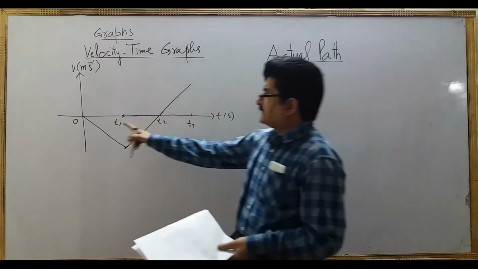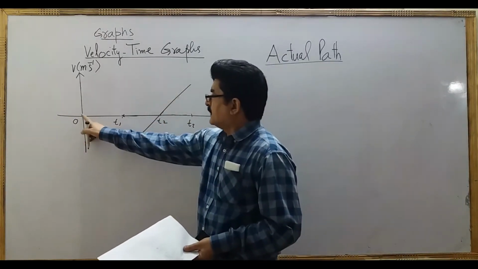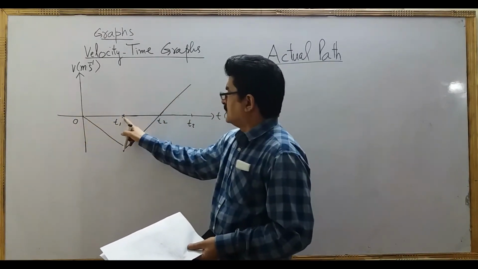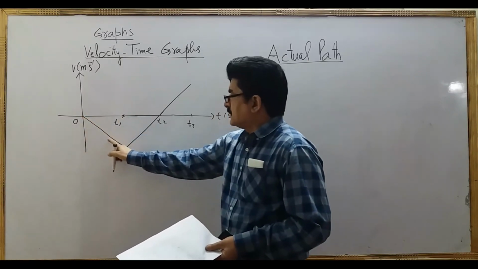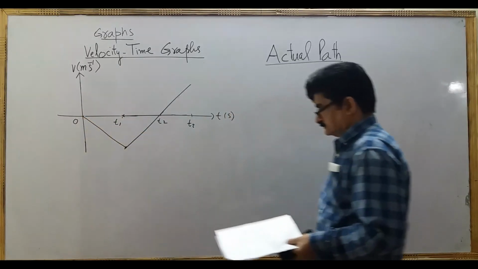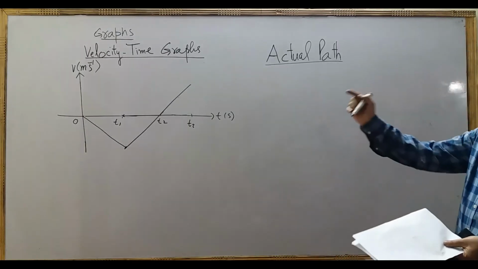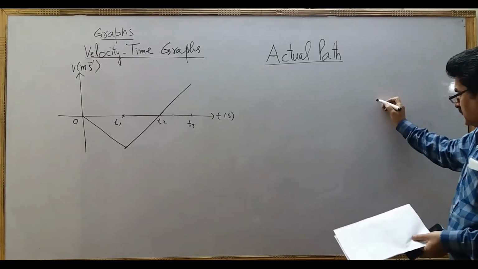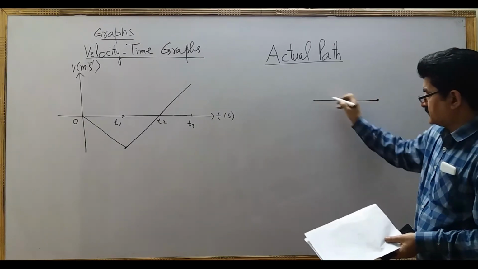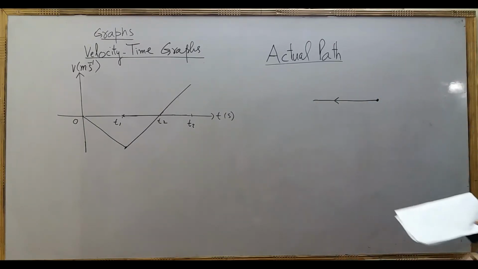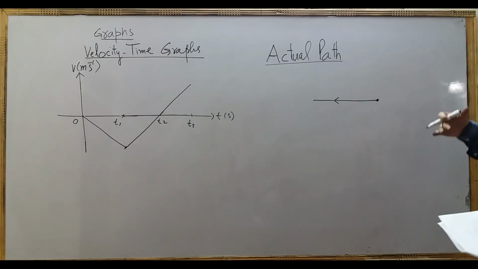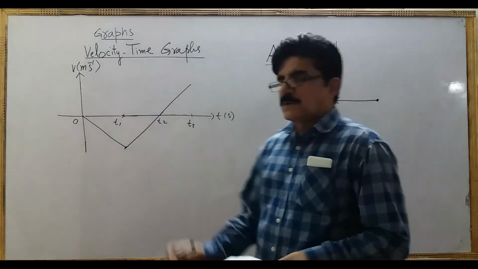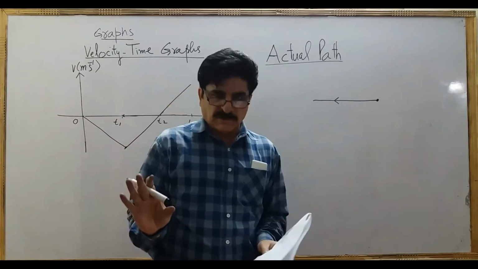The graph shows that from time 0 to t1 the velocity is increasing, but it is negative because it is moving in the negative direction. We are studying motion in a straight line, but on a straight line there are two possible directions.